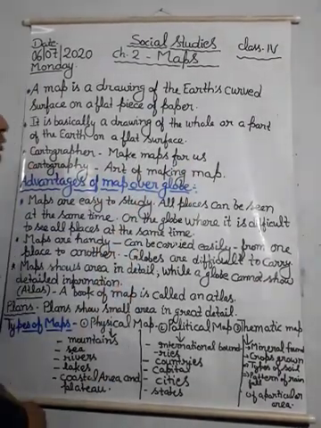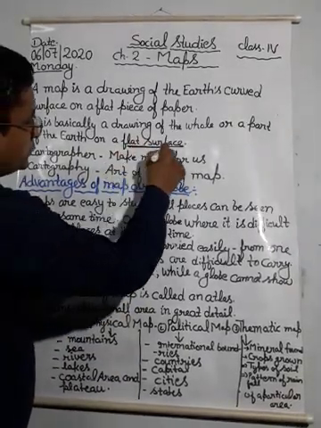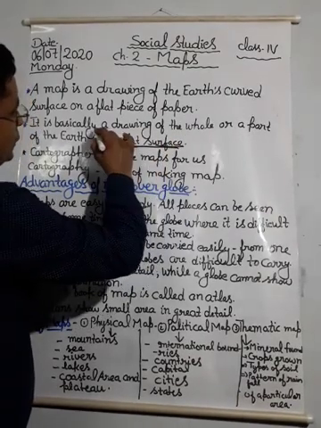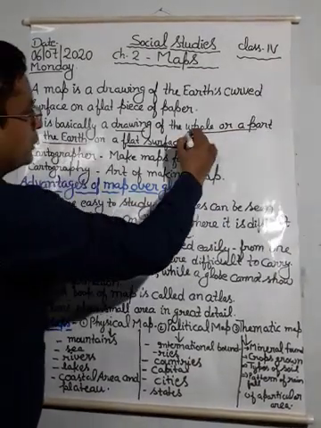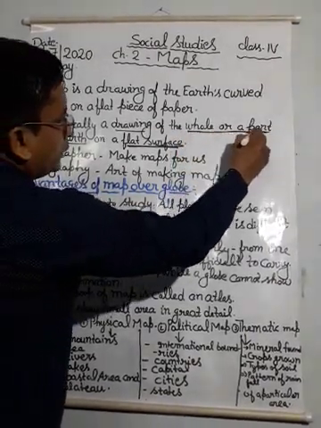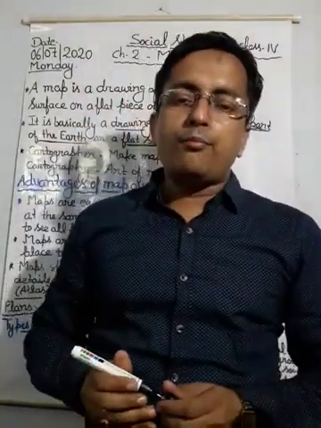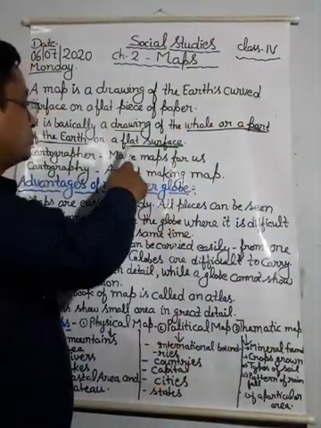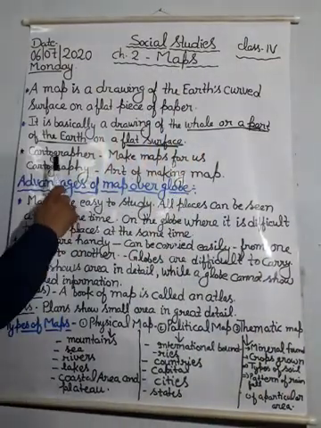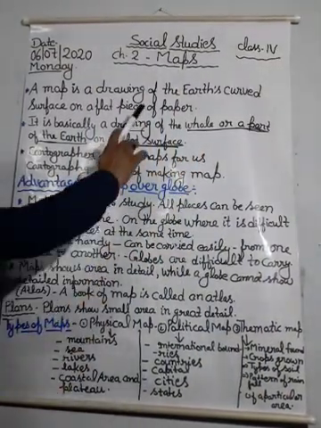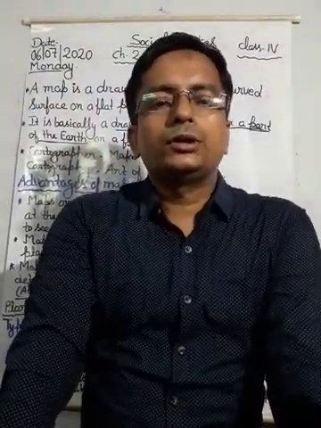Dear student, the most important thing is that it is drawn on a flat surface, and the drawing is related to the whole or a part of the earth. We can draw the whole earth, and we can draw a part of the earth on a map. This is all about what a map is.